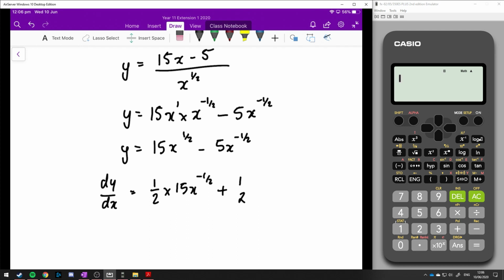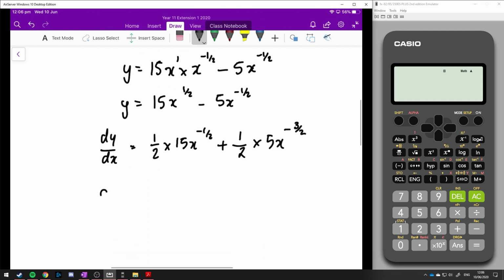So it's going to be plus a half times 5x to the, I'm going to subtract 1, it's going to be negative 3 on 2 in this case. So dy/dx is equal to, putting it together, 15 on 2 x to the negative a half, plus a half times 5 is just 5 on 2, x to the negative 3 on 2.